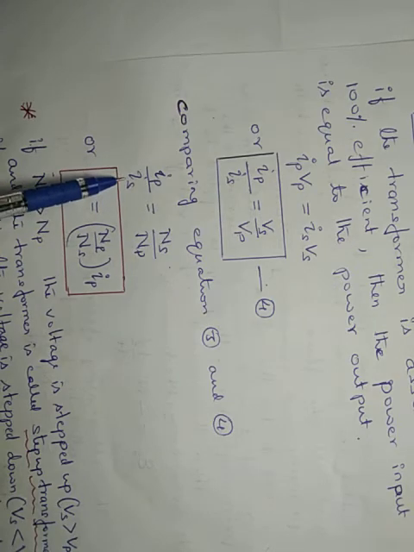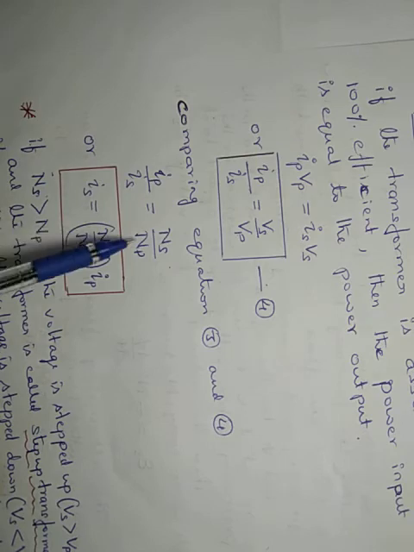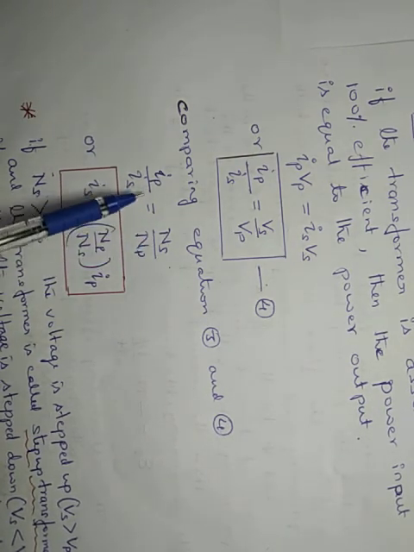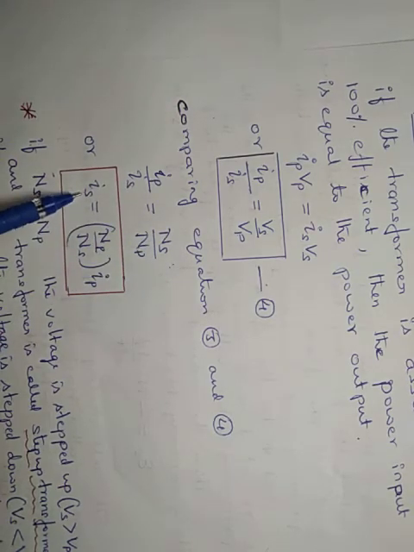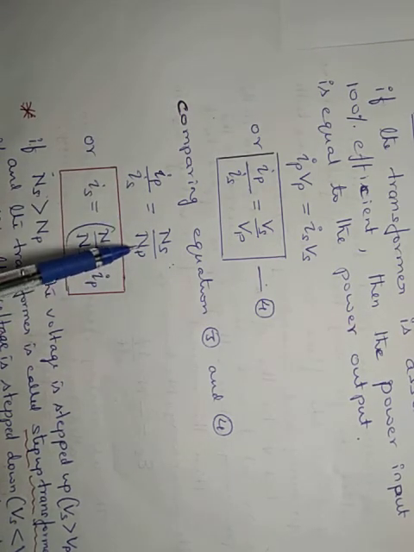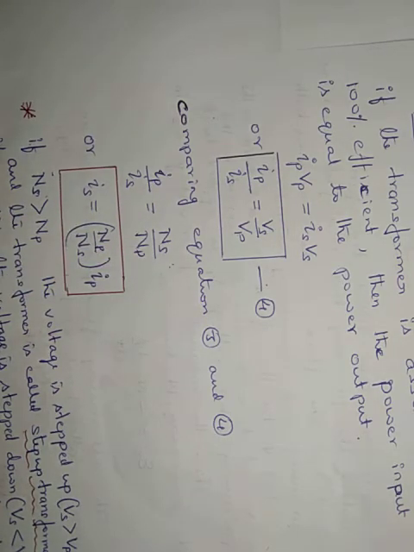We need Is, bring Is here. Ns and Np will be reciprocal, it will move to the left hand side. So, we will get Is equal to Ip into Np by Ns.